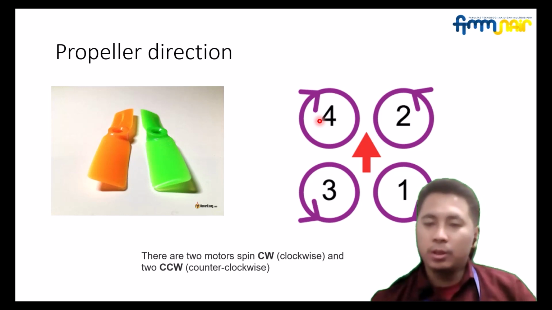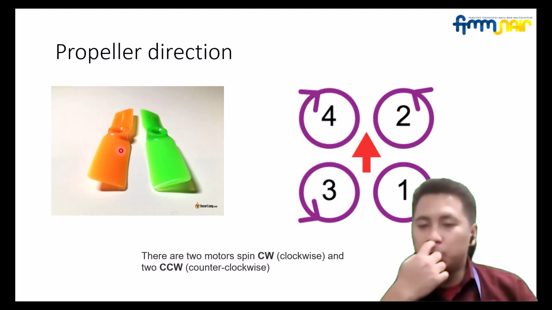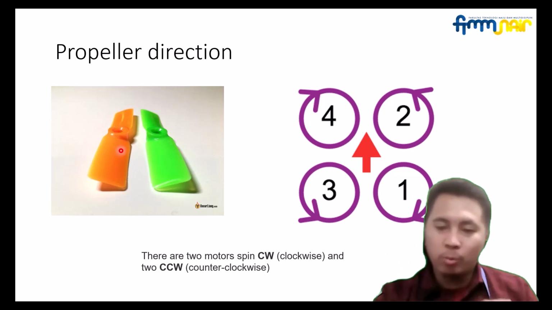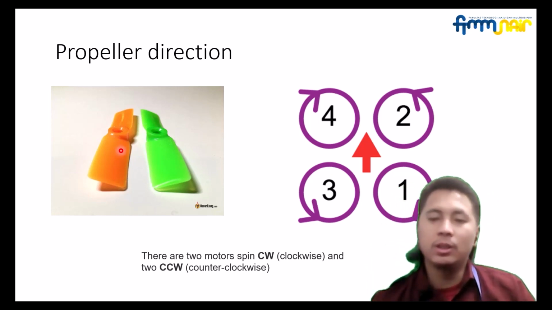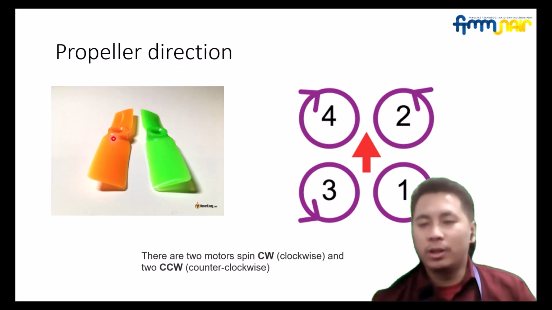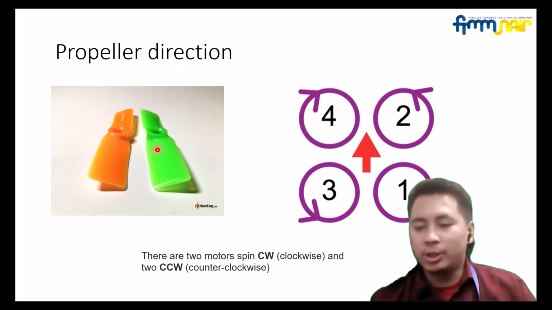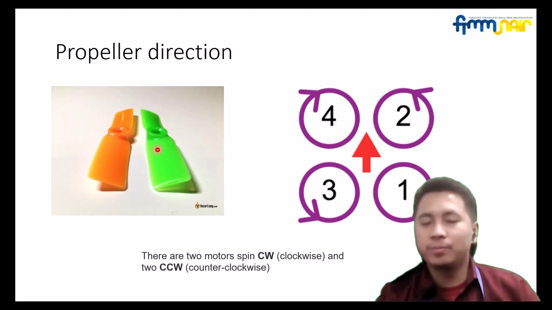We have to check the proper direction because the propeller usually has a specific direction to use. There are two motor spin directions, clockwise and counterclockwise, and don't forget to check which propeller fits the right direction.